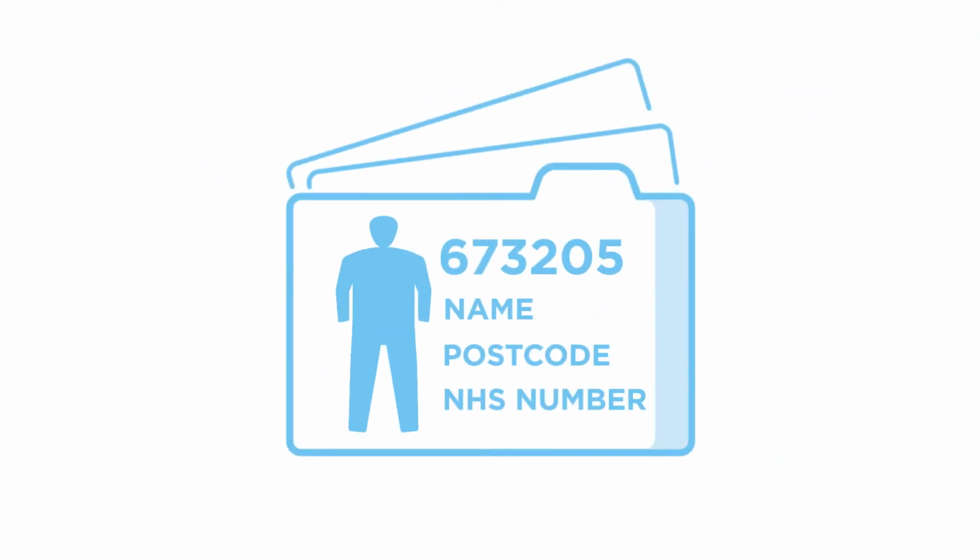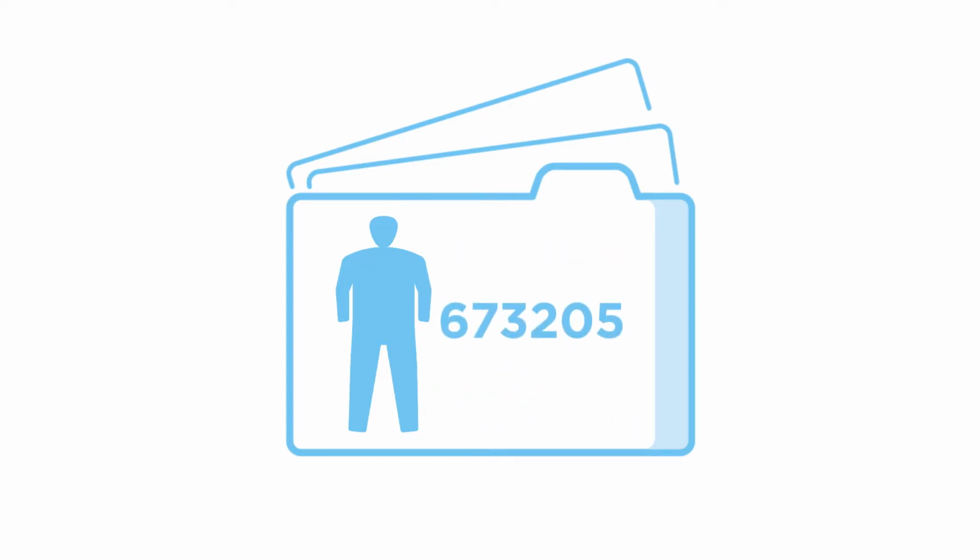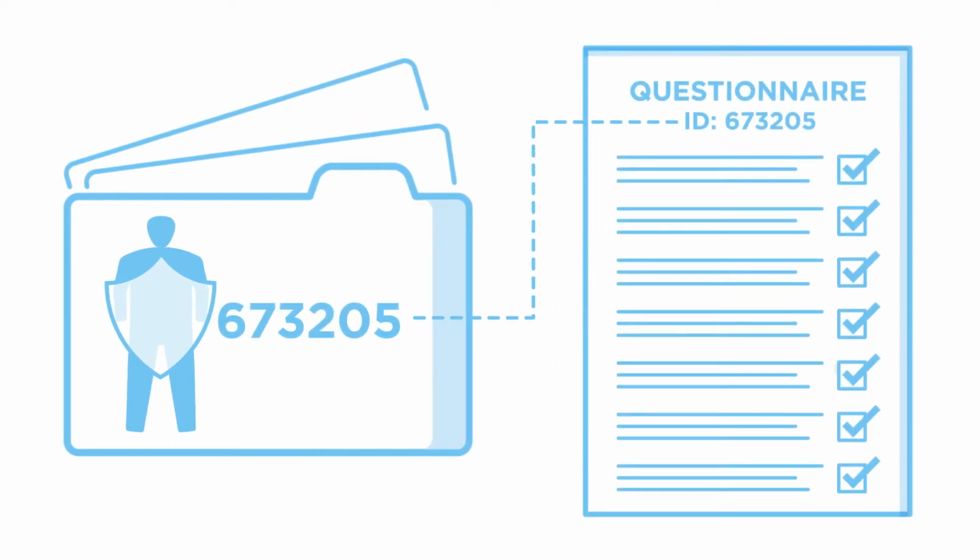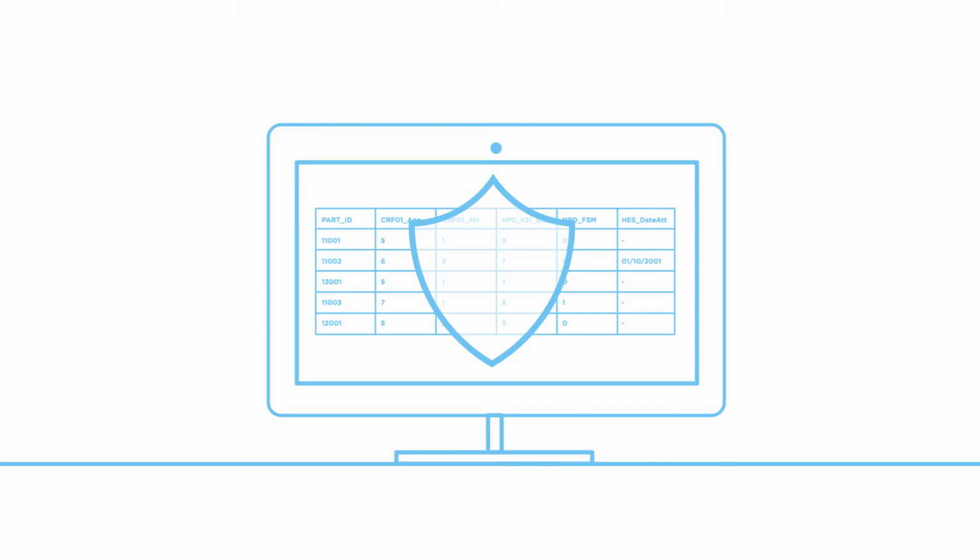Before the data provider sends the data to the researchers, the identifiable information is removed and only the automated ID number is kept with the data. This is to ensure that individuals cannot be identified. When the researchers receive the data, such as schools' records for example, they will check it and then link it to the participants' questionnaire answers using the automated study ID. All of this is done electronically and held securely with only the authorized staff accessing the file.